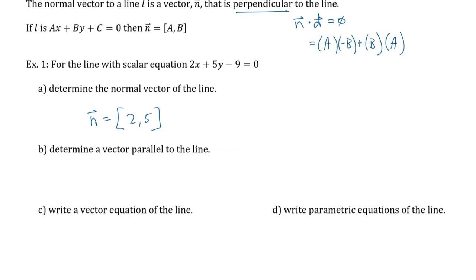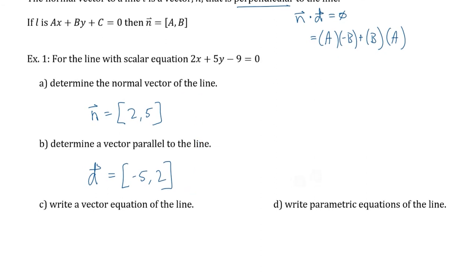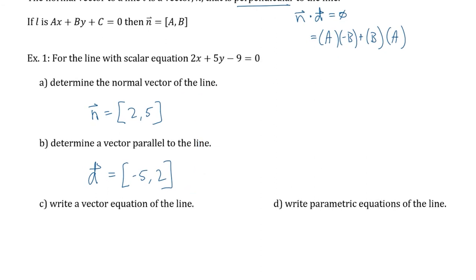So I could choose vector d equal to negative 5, positive 2. So I get 2 times negative 5 is negative 10 plus 5 times 2 positive 10 gives me 0 if I were taking the dot product of these two vectors, right? The dot product of those two vectors equals 0 means they are perpendicular.